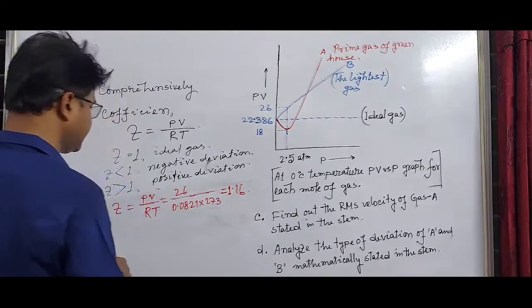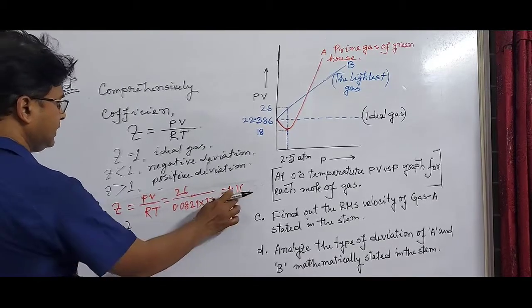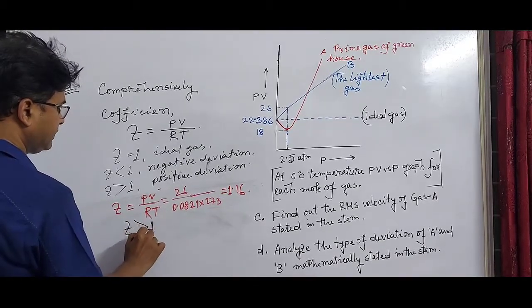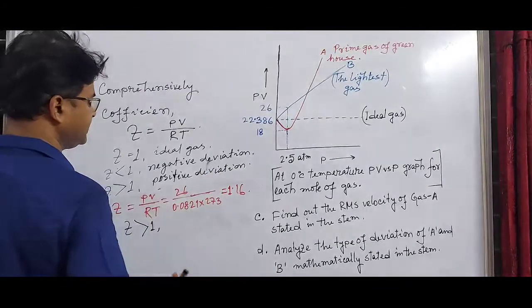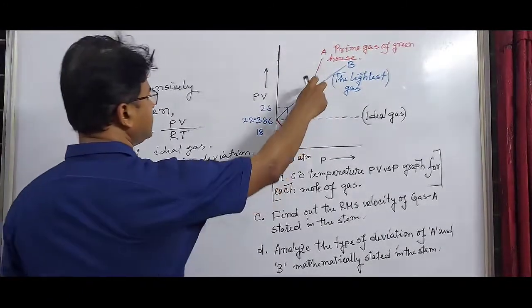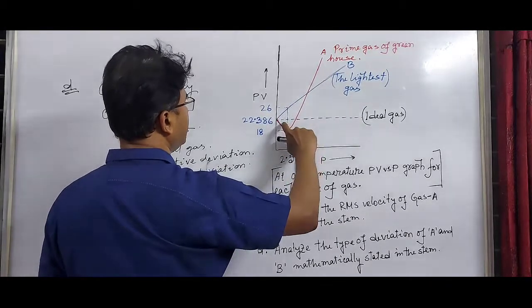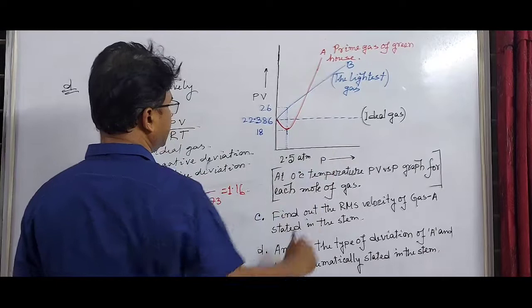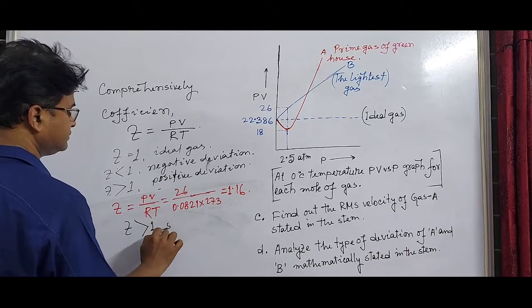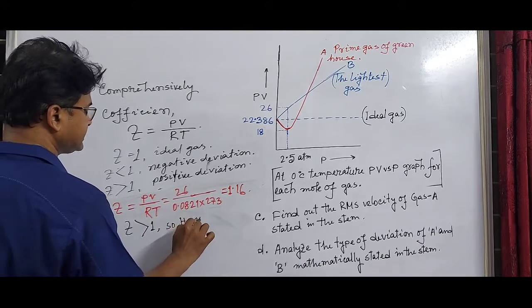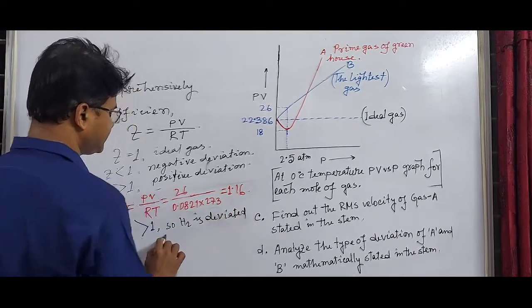So dear learners, it can be understood easily. The value of Z is greater than 1, and you know that if the value of Z is greater than 1, it will be the positive deviation. So here hydrogen gas is deviated positively, it means it is deviated upward from the ideal gas line.